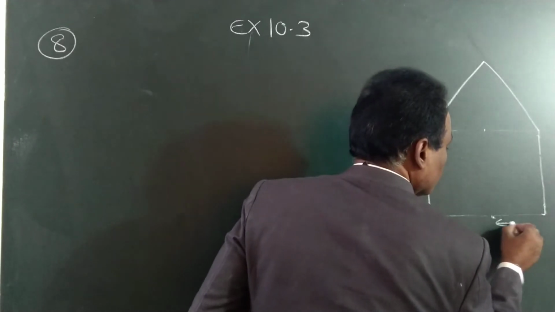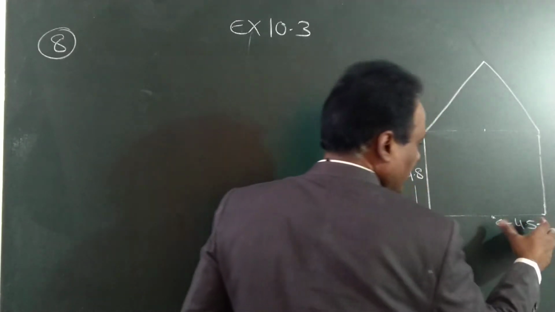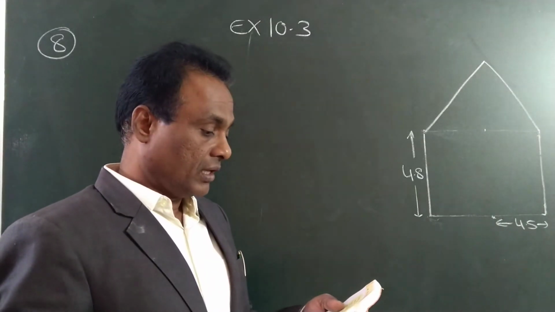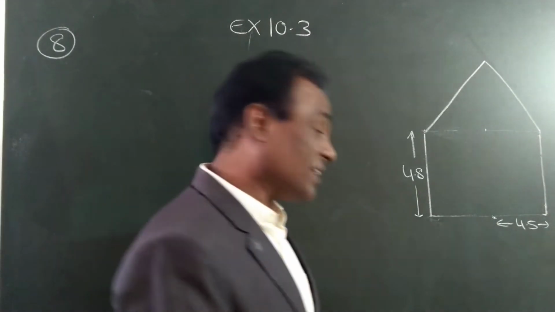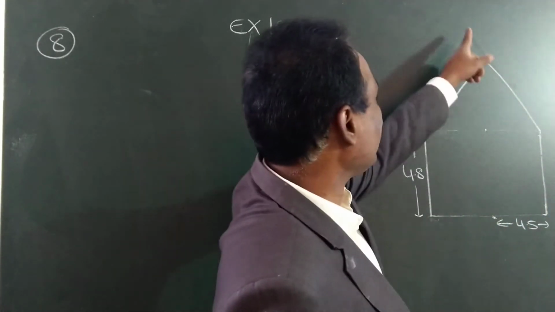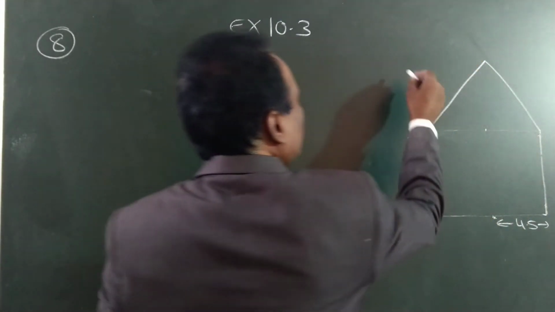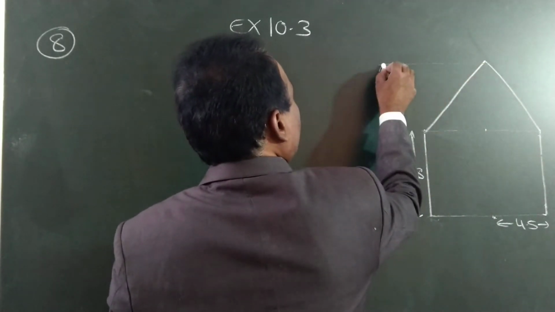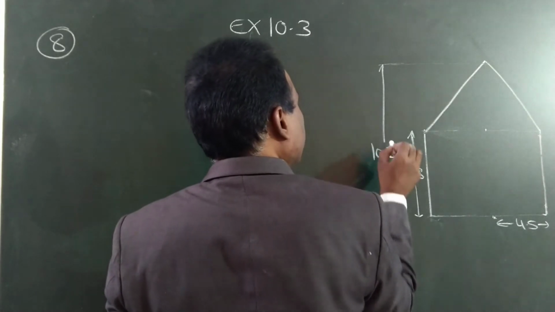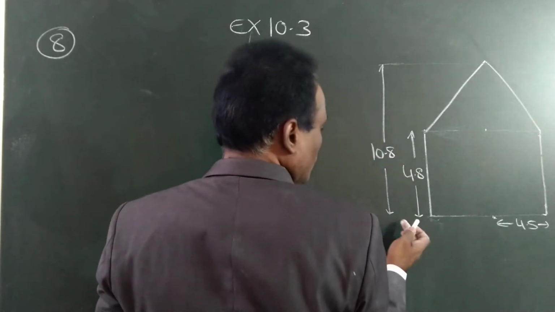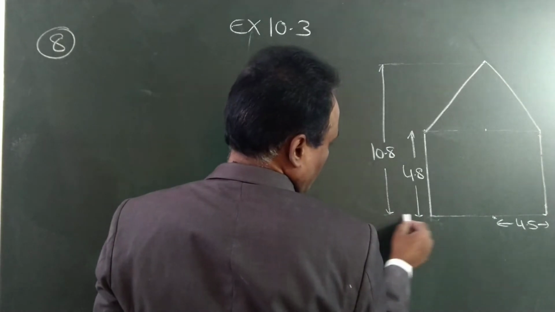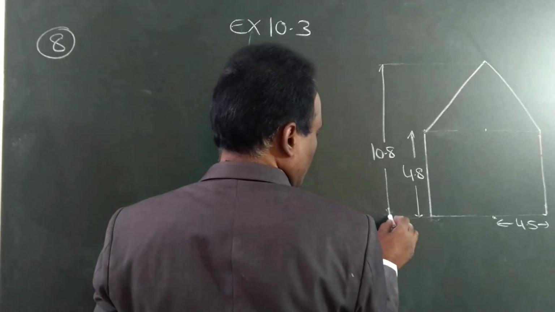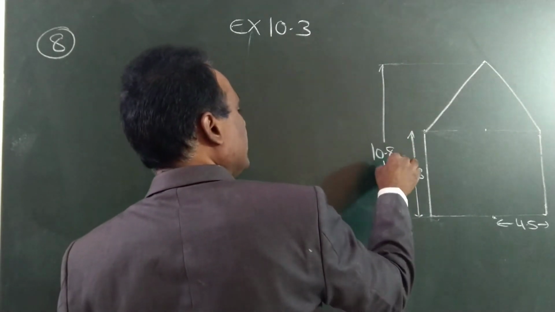Half is called radius, total is called diameter. Radius is 4.5, and total height of the tent is 10.8.